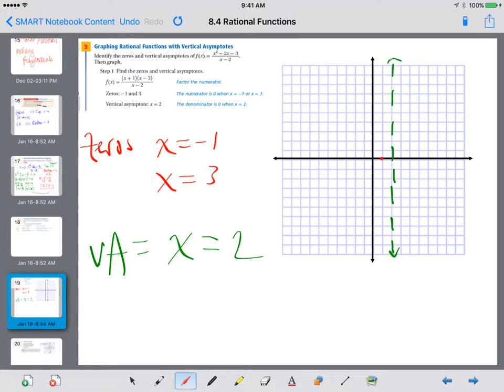You plot the zero at negative 1, plot the zero at 3, and your graph would look something like this. Actually, we plotted at x equals 3 here, and it would be more like this.